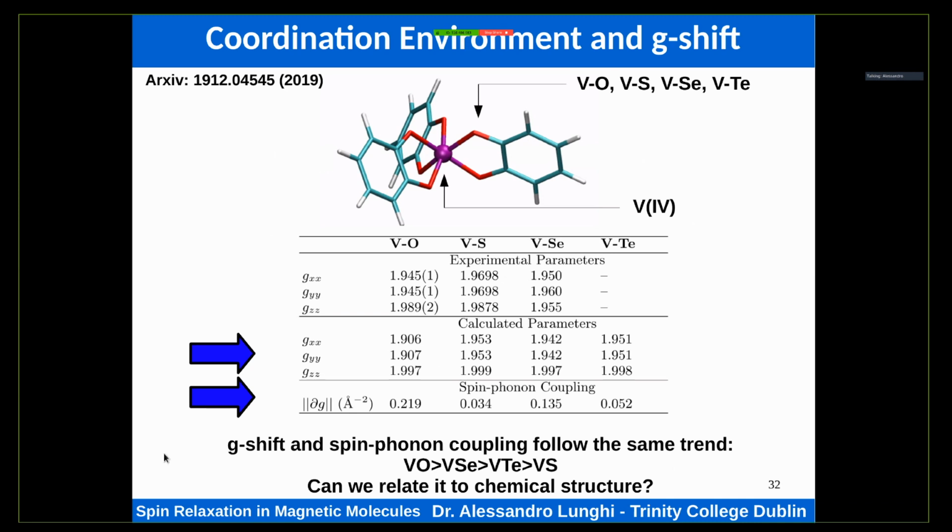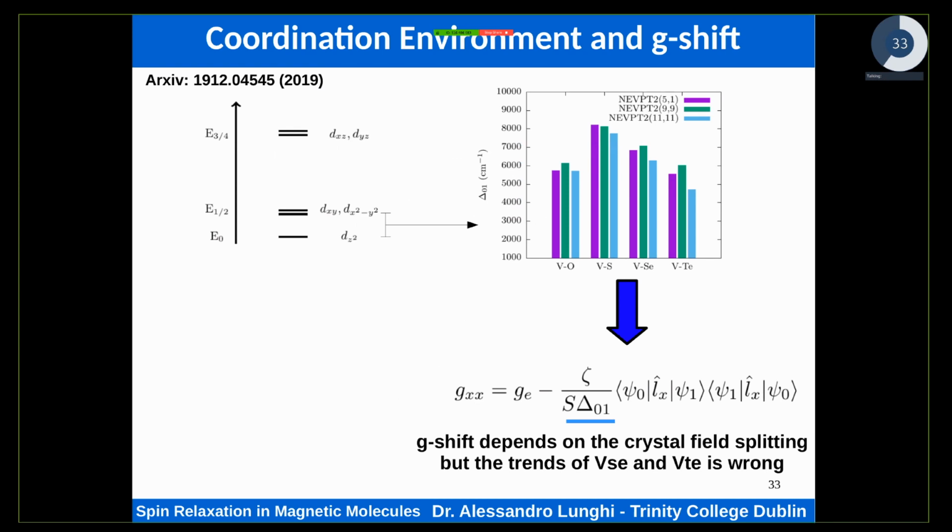Now, let's first try to understand what happens to the g shift across this series in terms of the crystal field, and then we'll see if it's possible to also say something about spin-phonon coupling using the same kind of language. All right, so the first thing we can do is to try to predict the trend of the g shift as a function of the crystal field parameters. For this series, we have only one electron.